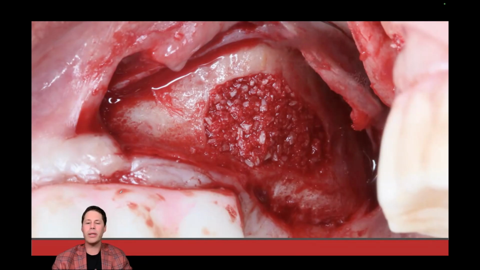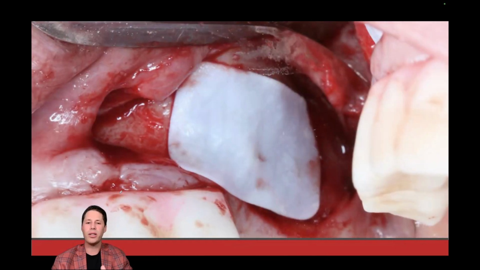Once we're about ready to close, the next thing I like to do is put another resorbable collagen membrane over the window access. So again, here, both membranes used in this case are resorbable collagen membranes. They are the Creos product from Nobel Biocare. So here we have our resorbable membrane draped over our lateral window access prior to closure.